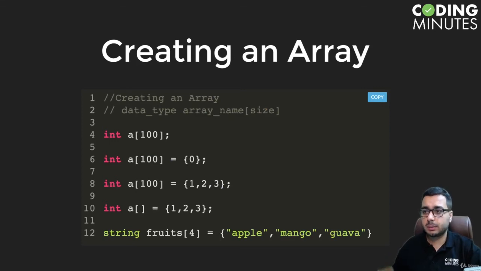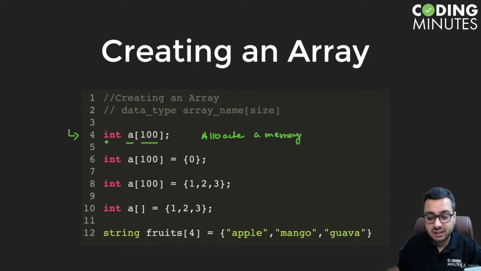So let us talk a little bit about integer arrays first. This code example shows you how you can create an array. Here we are creating an array and telling the compiler to allocate memory. I need 100 boxes, and since it is of the type integer, each integer takes 4 bytes, so it would be 4 into 100.